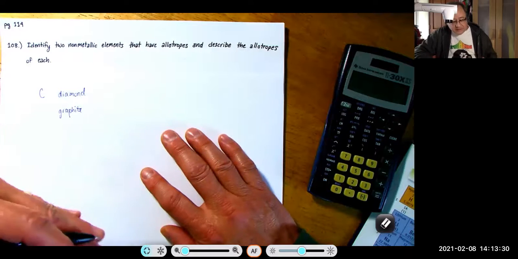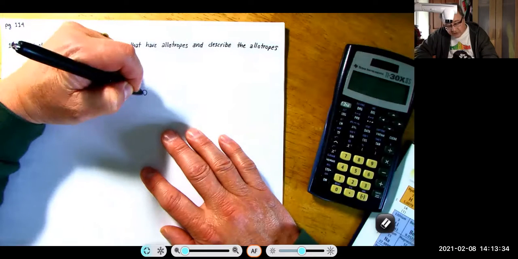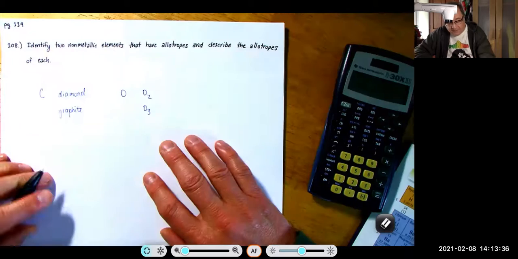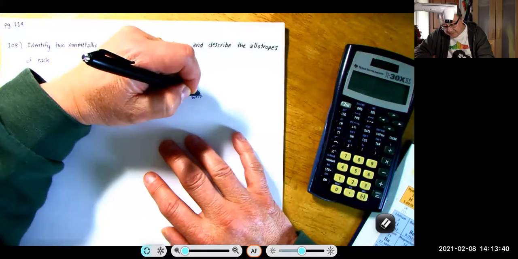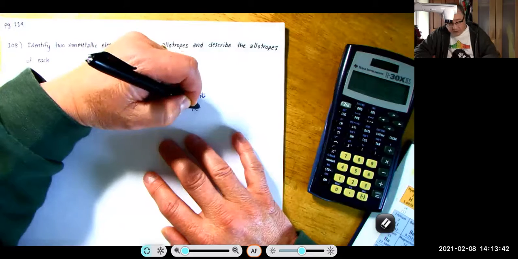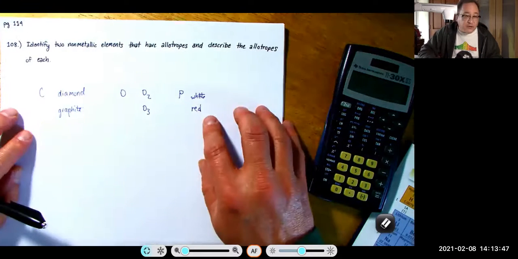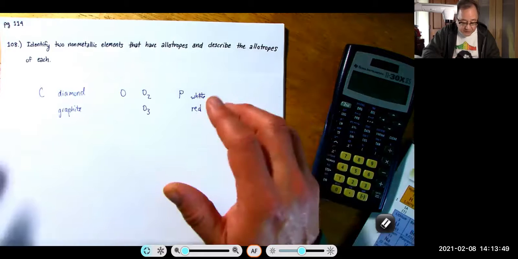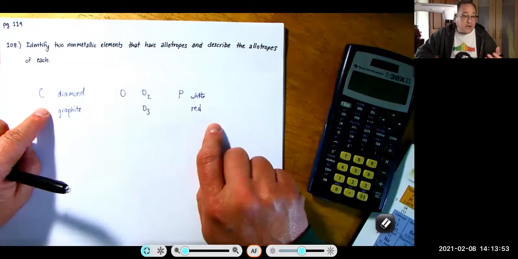There are other elements that are like this. You consider oxygen, there's O2 and there's ozone. Phosphorus, there's white phosphorus and there's red phosphorus. So these are different physical manifestations, if you will, of each element. And they have their own chemical behavior.